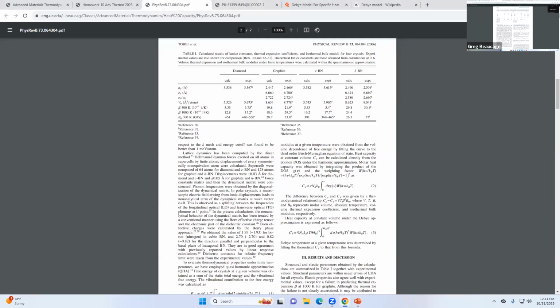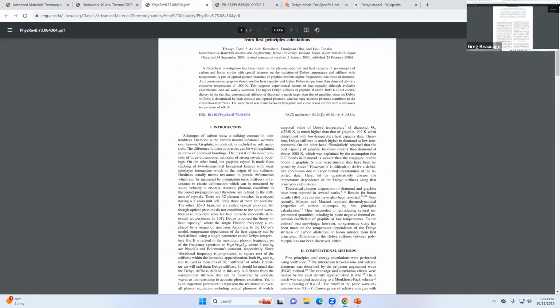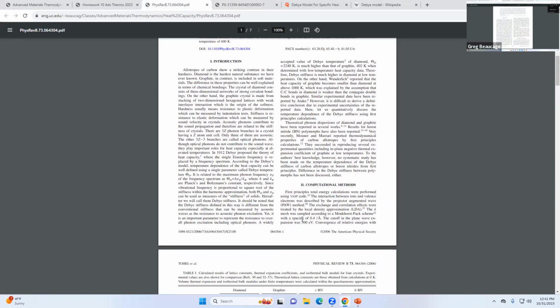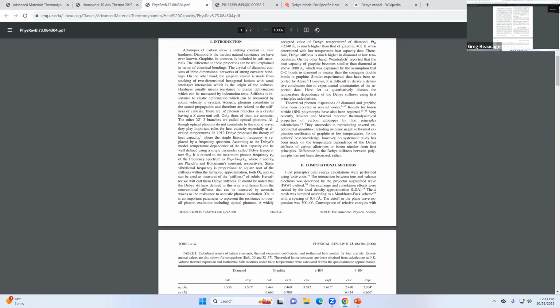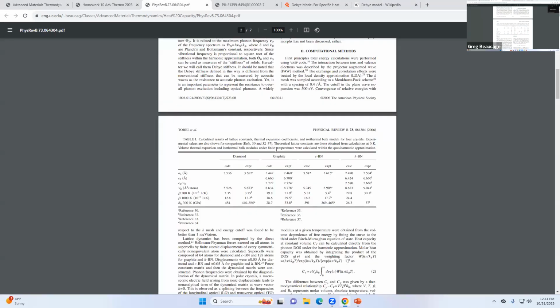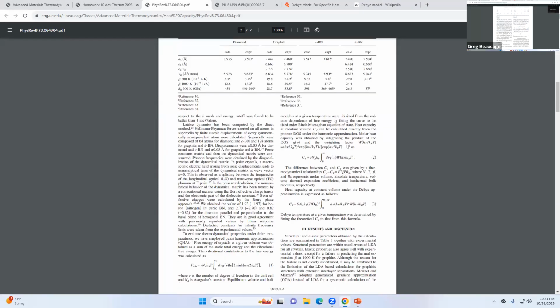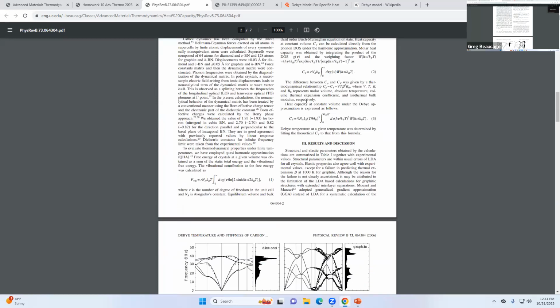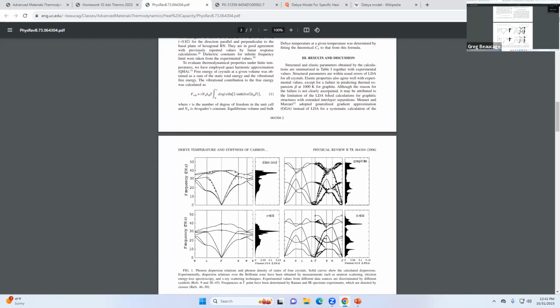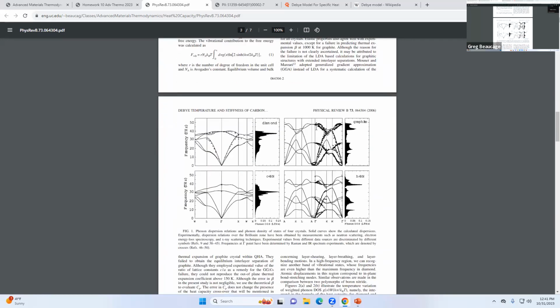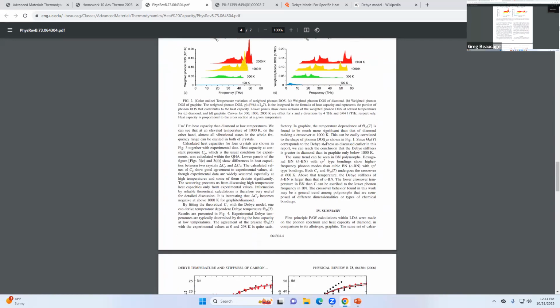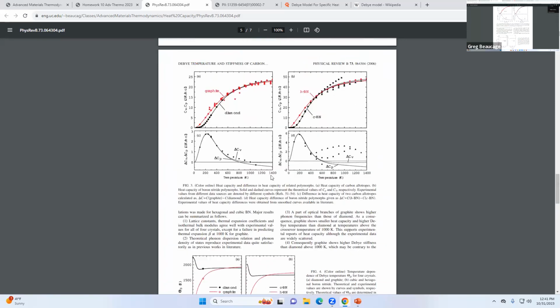I went through that in class too, but basically he does his simulation using the VASP density functional theory. Then he calculates the vibrations from that, gets the density of states, integrates the density of states, and then gets the heat capacity. Once he has the heat capacity, he fits it with the Debye equation, and he gets the Debye temperature from that.